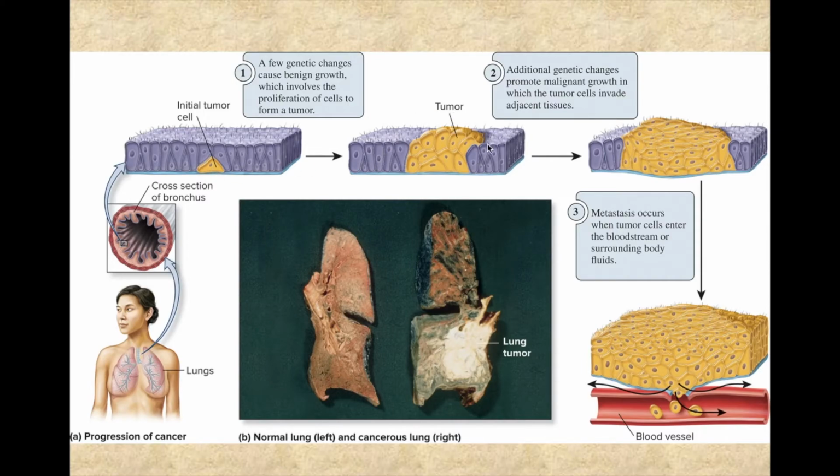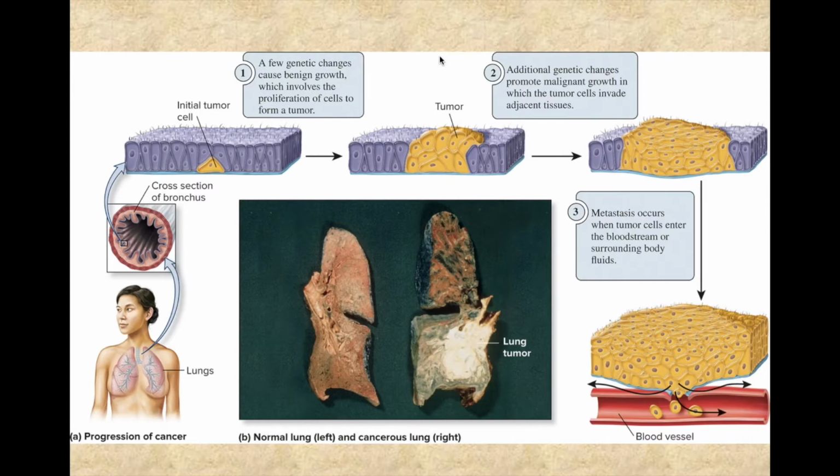If we can remove the tumor while it's still benign, then we're able to block it from becoming malignant, from invading tissue and causing damage, and ultimately from metastasizing. A lot of our cancer therapy is geared towards attempting to stop the tumor from getting anywhere beyond this early stage. Now, how did this initial cell become cancerous?